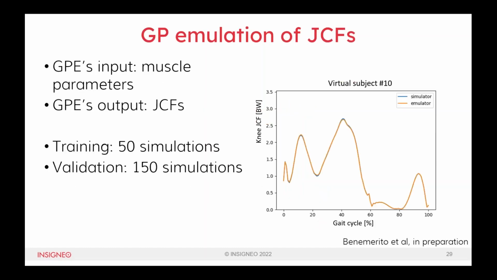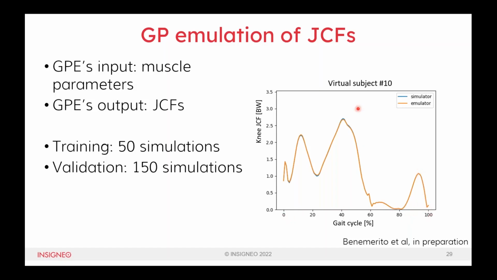And so we ran all of the musculoskeletal simulations, the 200 ones, and we split the results from the 200 into a training data set and a validation data set. And we trained the emulator on a small data set of 50 simulations, and the emulator accepted as input the muscle parameters of the subject and was able to predict the entire time-dependent joint reaction force during the gait.